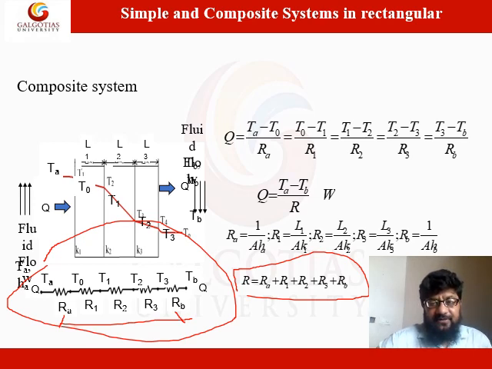We know that Ra will be 1 over hA, where h is the heat transfer coefficient at the left side, and Rb will be 1 over hA, where h is the heat transfer coefficient at the right side. R1, R2, R3 can be calculated in the typical way as L by kA, and once we get the total thermal resistance, we can calculate the total heat transfer rate.